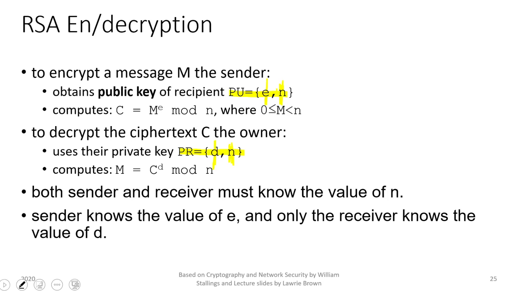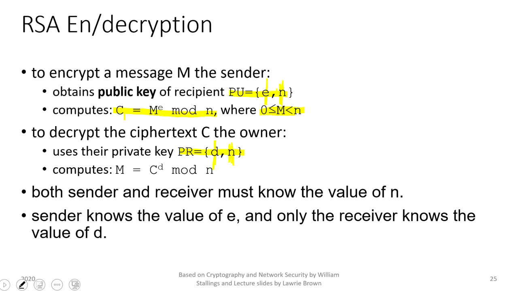If you want to compute a ciphertext, m should be in the range between 0 and that selected n, and then we would do the modulo n with e.